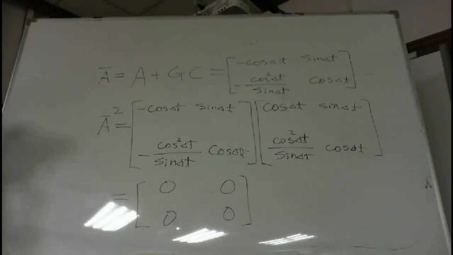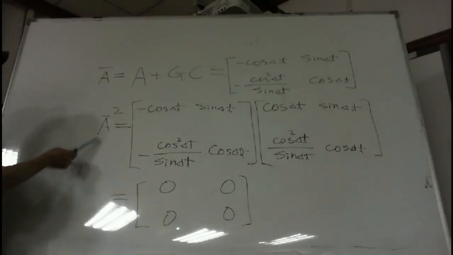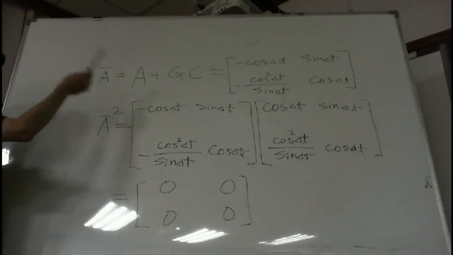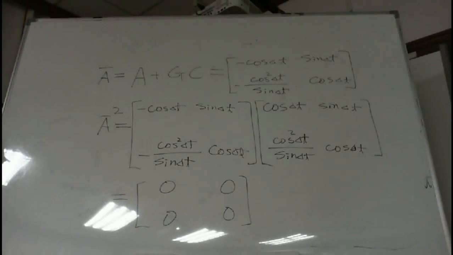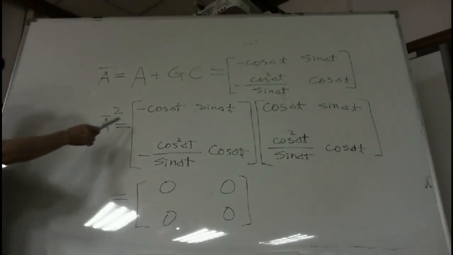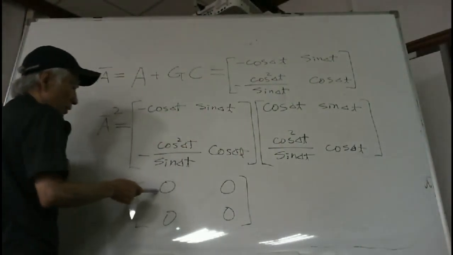Or you can simply multiply together and see what happens. They are 0, 0, 0, 0. And this is exactly why I chose this G. You multiply this one by that one, it is 0.